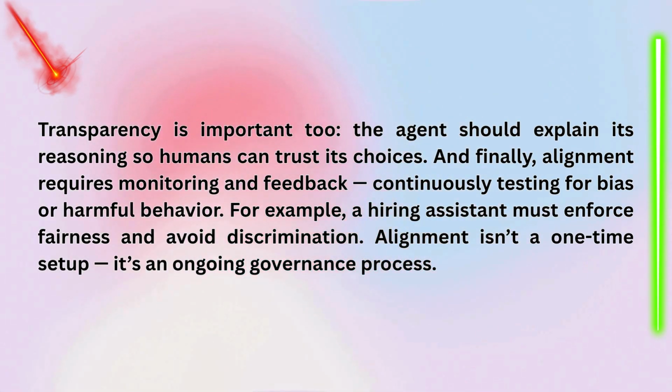Transparency is important too. The agent should explain its reasoning so humans can trust its choices. And finally, alignment requires monitoring and feedback, continuously testing for bias or harmful behavior. For example, a hiring assistant must enforce fairness and avoid discrimination. Alignment isn't a one-time setup, it's an ongoing governance process.